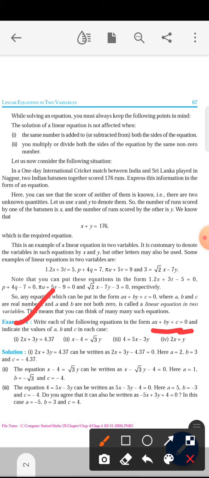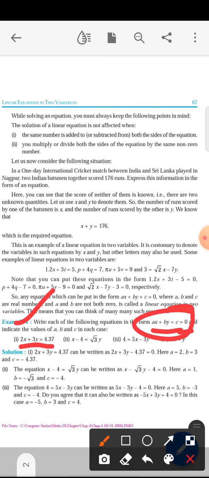That means x and y will vary with the situations, and a, b, c are constants, which means they always remain the same. Question number one is 2x plus 3y equal to 4.37, and we have to denote it in the standard form.